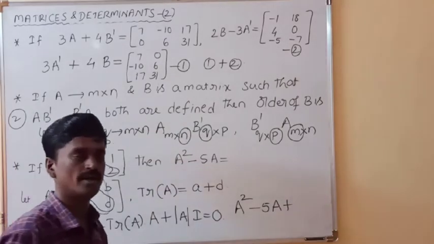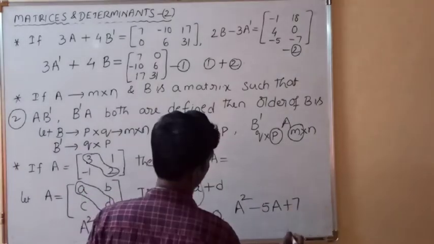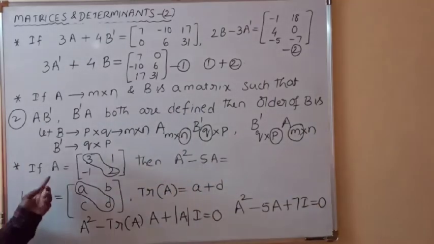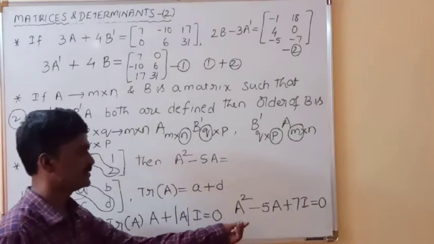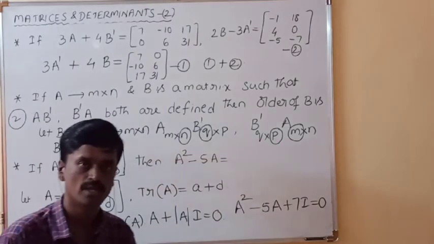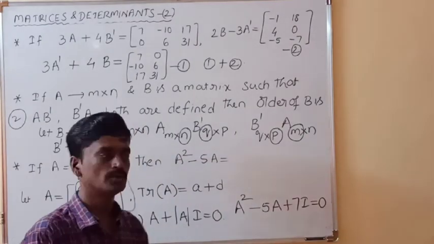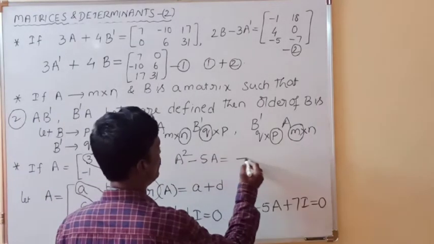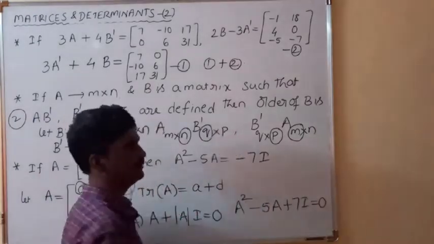So 6 minus of minus 1, 7 into I is equal to 0. That means this square matrix satisfies the equation A square minus 5A plus 7I is equal to 0. So from this equation, what you will get? A square minus 5A value is minus 7I.